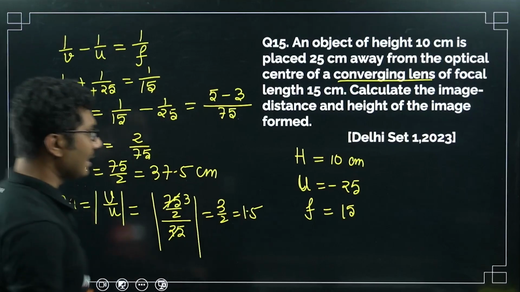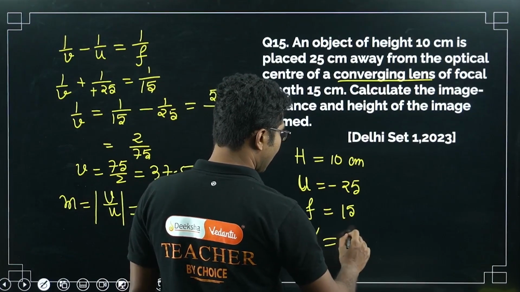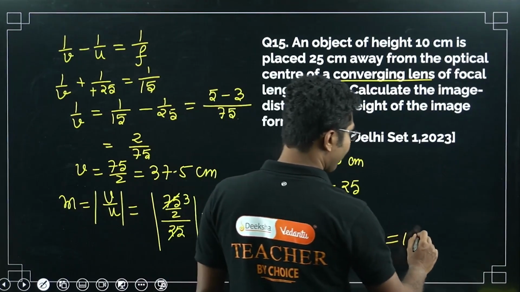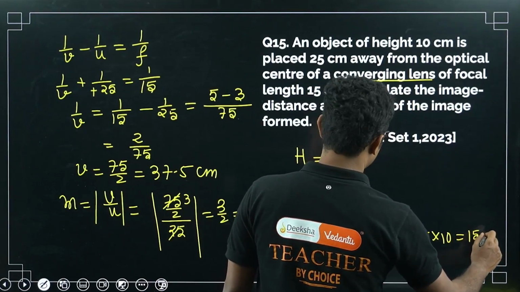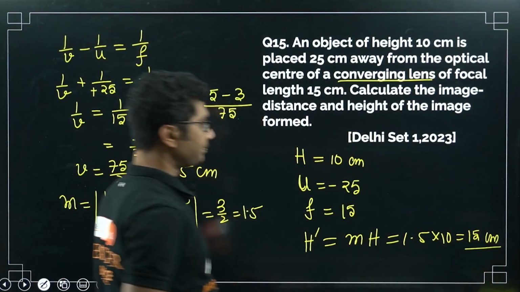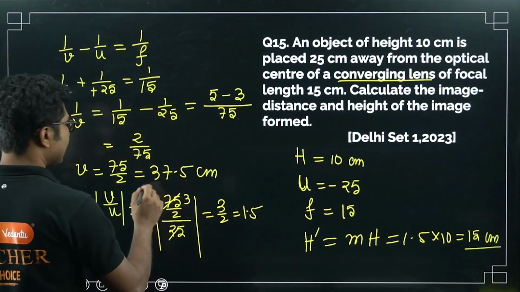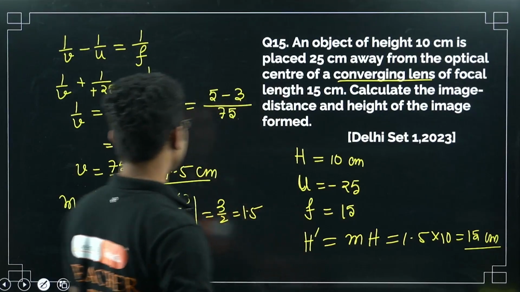So what is the final size of the image? It will be magnification times the height of the object, so that is 1.5 times 10, that is 15 centimeter is the height of the image. So the answer is v is 37.5 centimeter, and it's a real image.